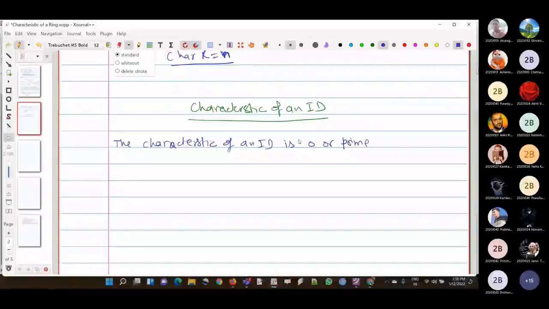This is not O, but this is 0. Zero or prime. So here we have more precise information. Let us see the proof.